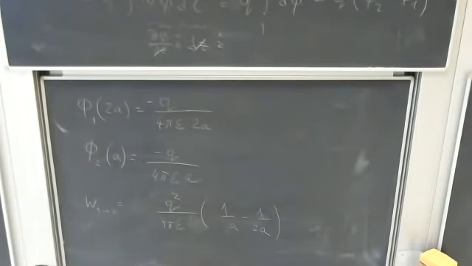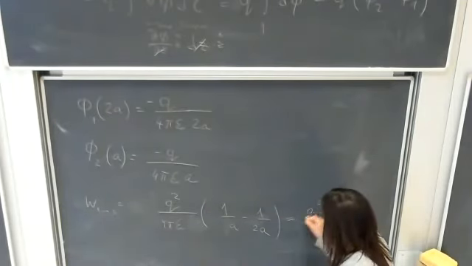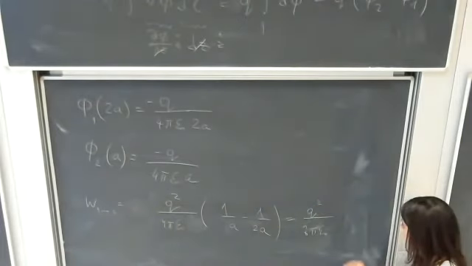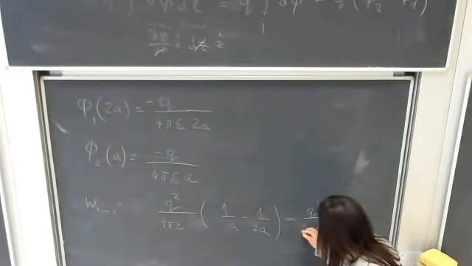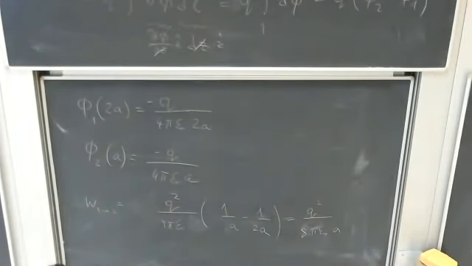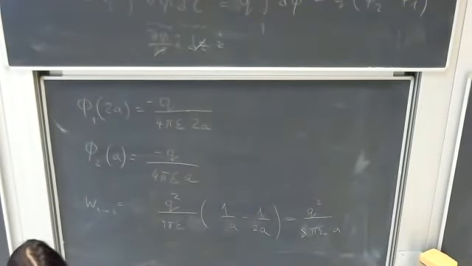So the answer is Q squared. So that would be the work which needs to be spent for the charge to come from one point to another.